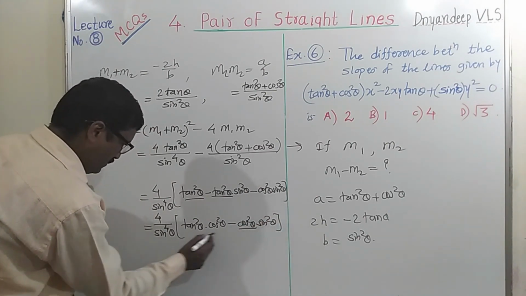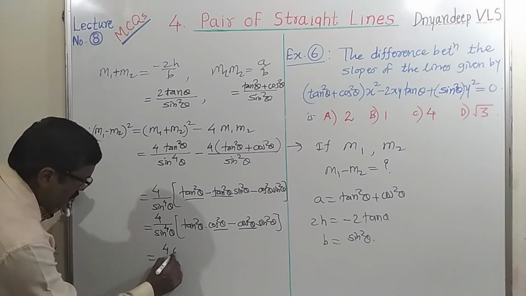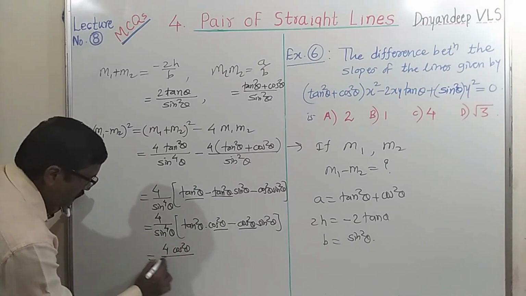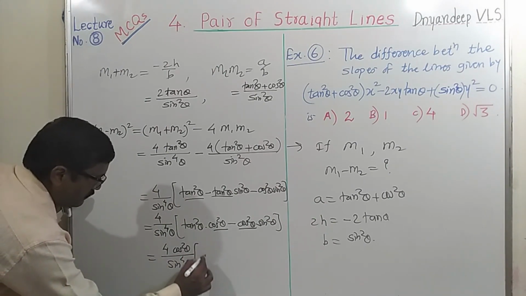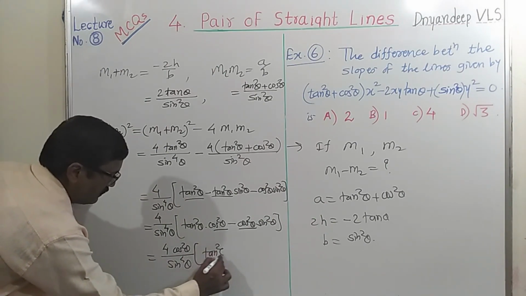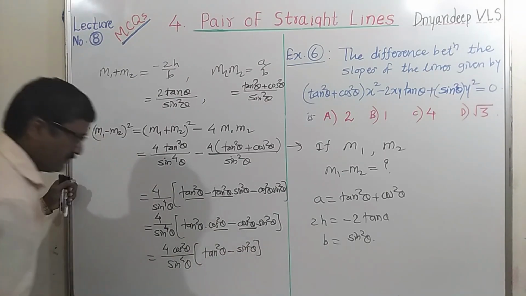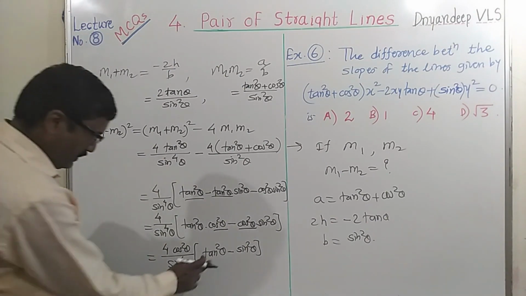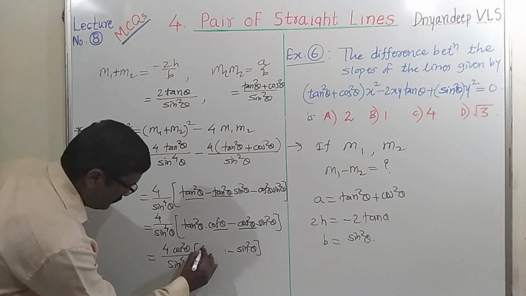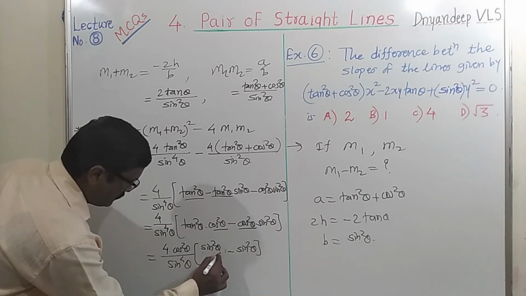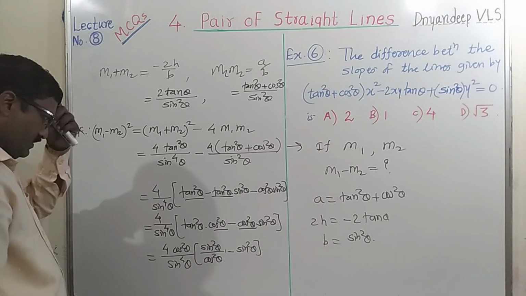Once again taking common cos^2, we get 4 cos^2 theta upon sin^4 theta in bracket tan^2 theta minus sin^2 theta. Now tan^2 is nothing but sin^2 upon cos^2, it is sin^2 theta upon cos^2 theta.